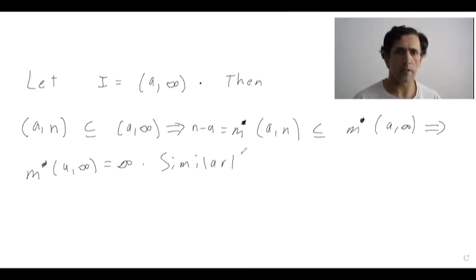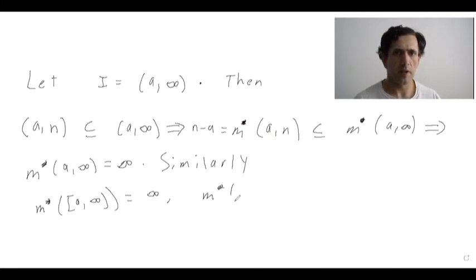And by basically the same reasoning, we have m star of (a, infinity), I just don't like double brackets, so that's why I'm not putting it here. This is also infinity. Doing something like minus infinity to a, well, that's also infinity.